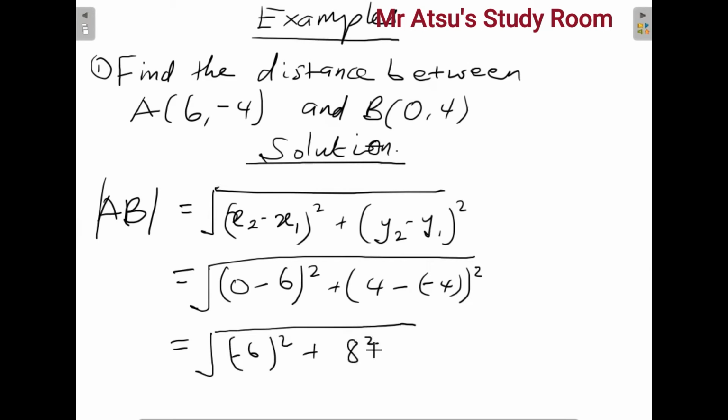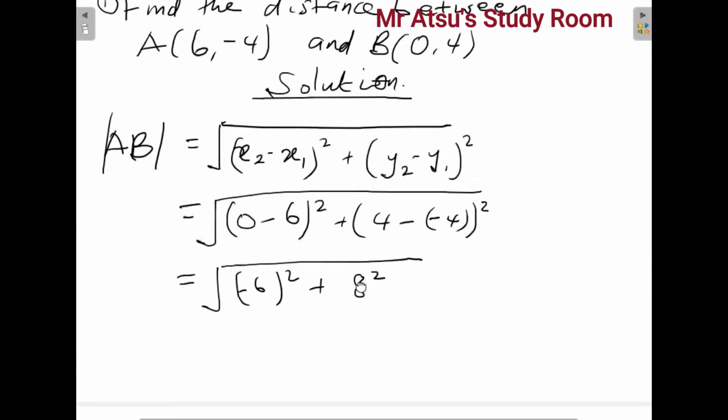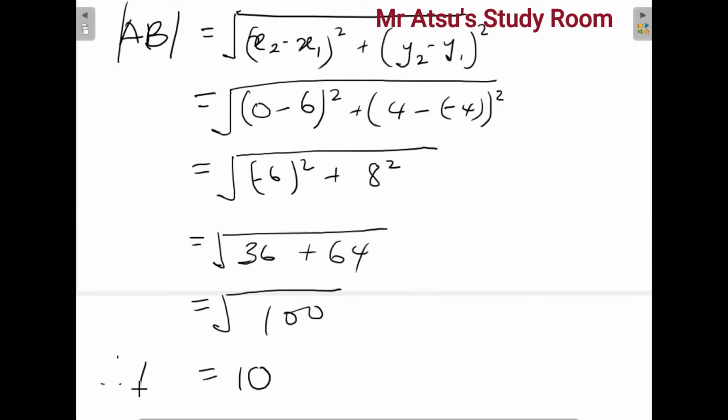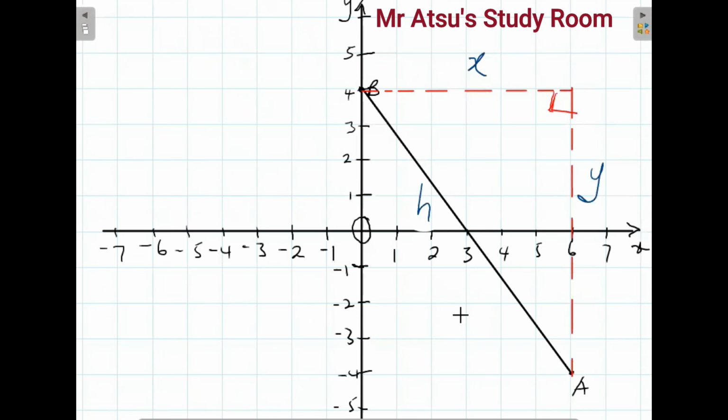When we add the two of them together, we are still going to have square root of 36 plus 0, and that will give us square root of 36, which is 6. Therefore, the length AB equals 6 units, which is the same as what we got on the graph when we used the ruler to measure.